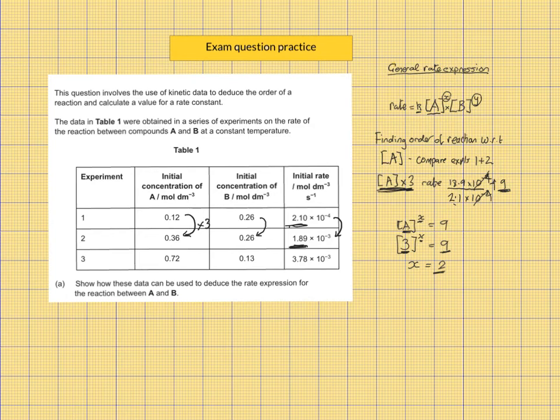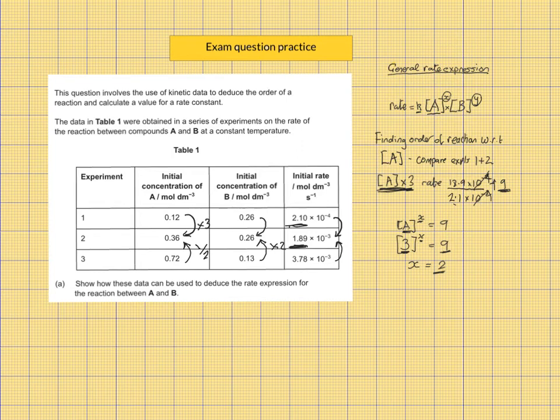So let's look here where the concentration of B has been doubled and the concentration of A has gone down by a half. And we'll now look at the effect on the rate.